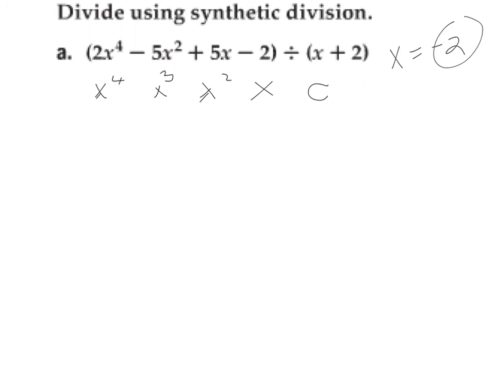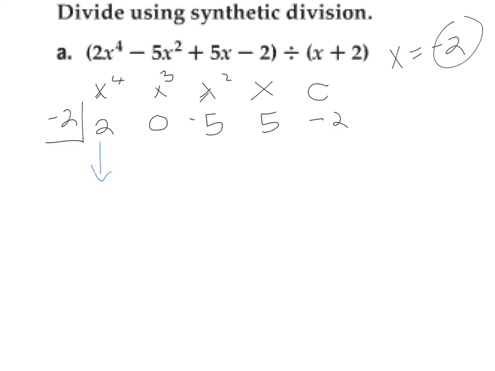Okay, and then so the coefficients for those were 2, and there wasn't an x cubed, so I'm going to put a 0 there, and that gives us something in the place value, but nothing of value itself. And then I have -5x squared, a 5x, and then my constant was -2, and I'm going to do my synthetic division with -2.